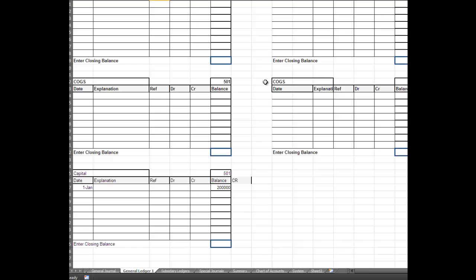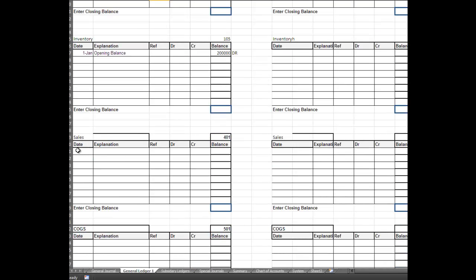Now the other side of that transaction is sales. 1 January, credit sale to client 1, reference G1, that is a credit of 40,000. The balance is credit 40,000.